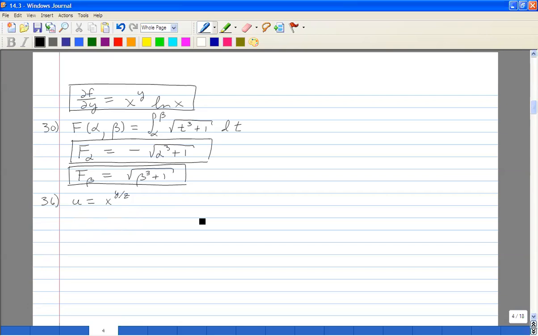I need more space. So it'll just be x to a constant: bring the constant down, times that variable x to the power of 1 less. And that is your answer.